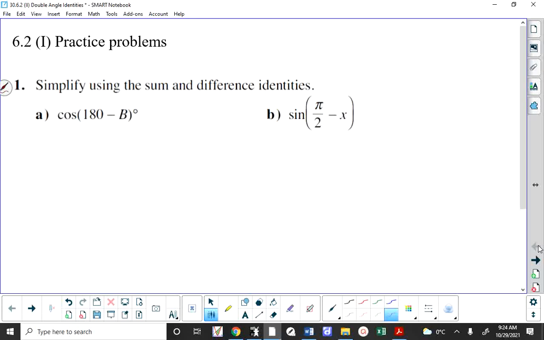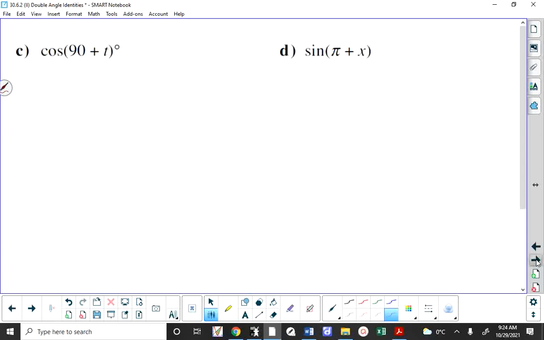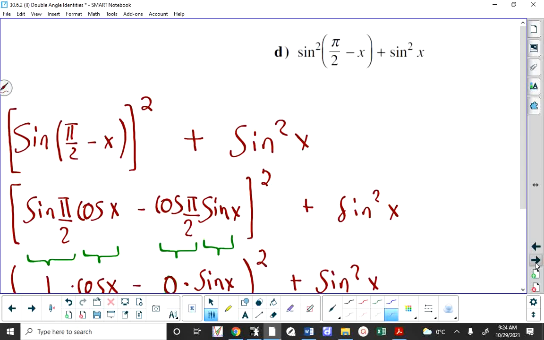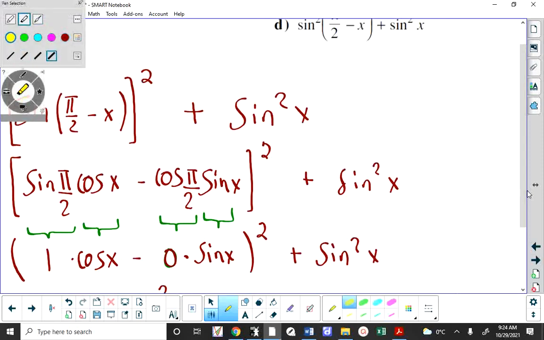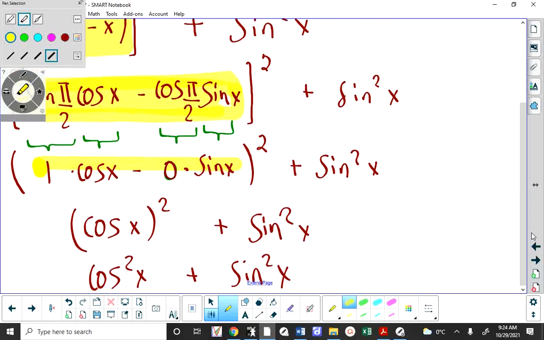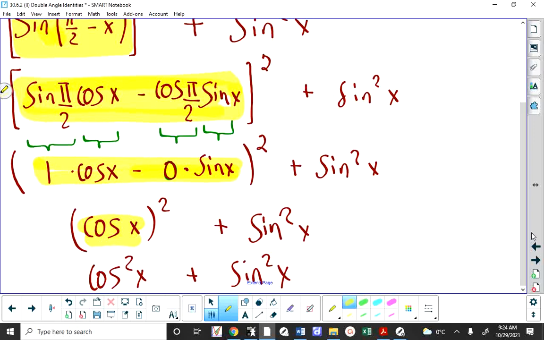I don't want to brush your question away, but sine of pi over 2 minus x happens to be what we did here. Forgetting about the squared, forgetting about the plus sine squared of x afterwards, it is cos of x. So are you okay with me just doing that? Okay. Other questions? Go ahead.